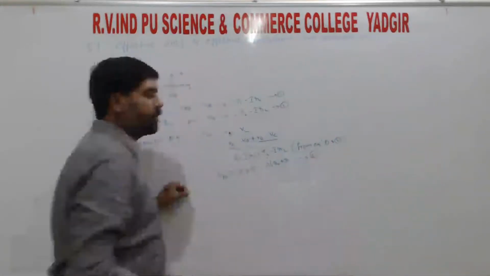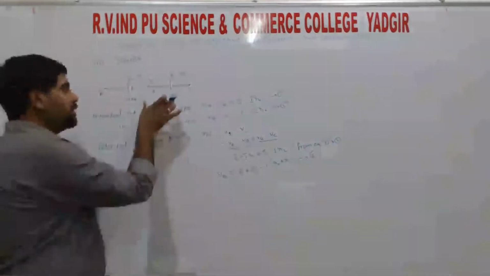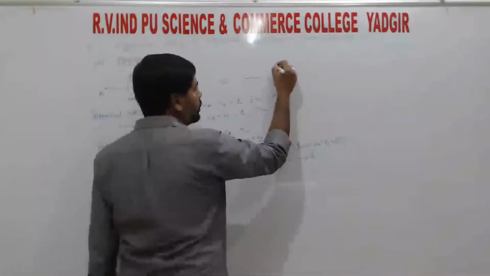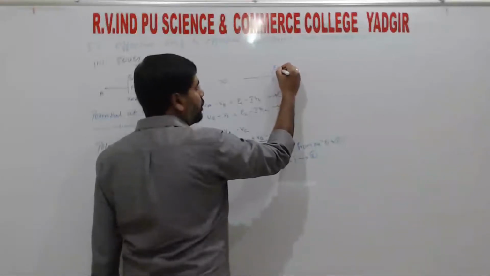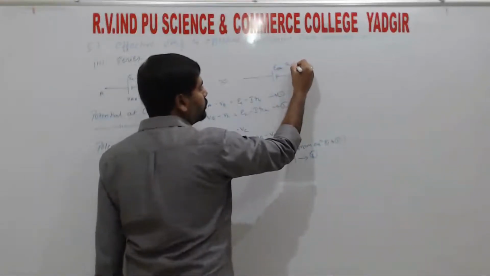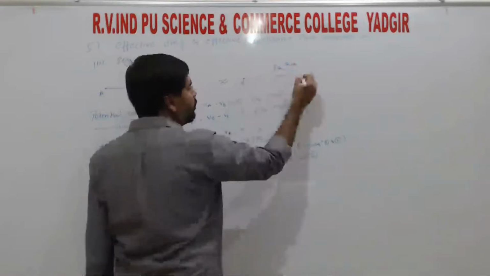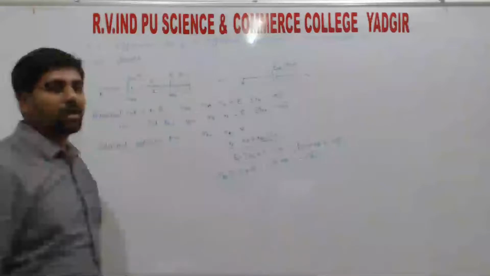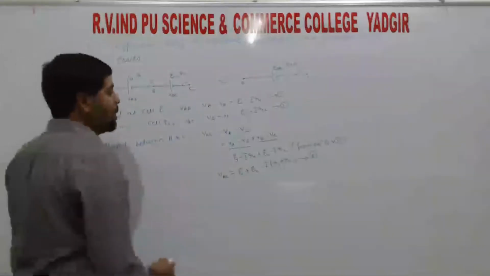So third equation. Now replace this entire combination with the equivalent EMF. So E equivalent has the internal resistance R equivalent, connected between the points A and C. Again I is the current which is flowing in the circuit, right?